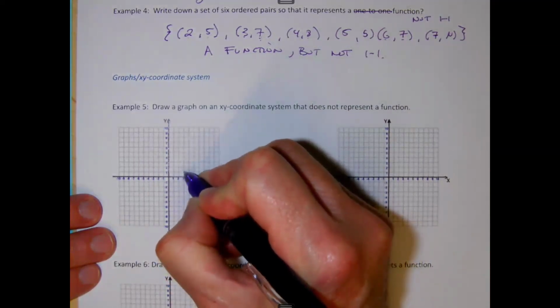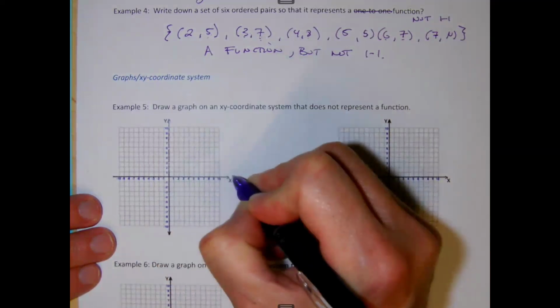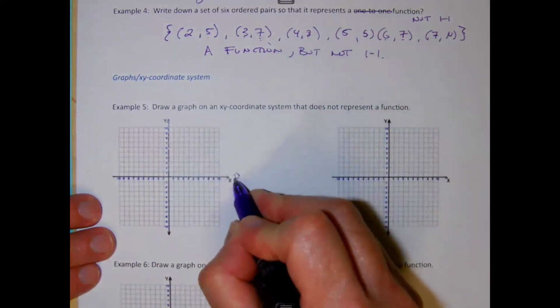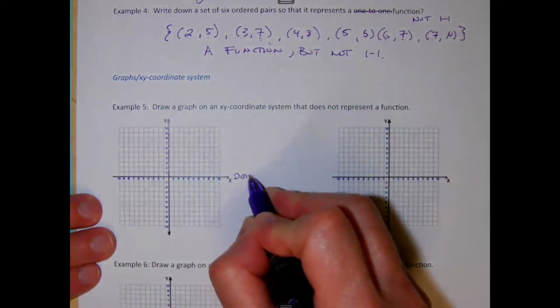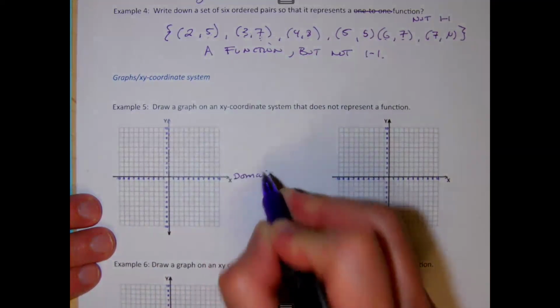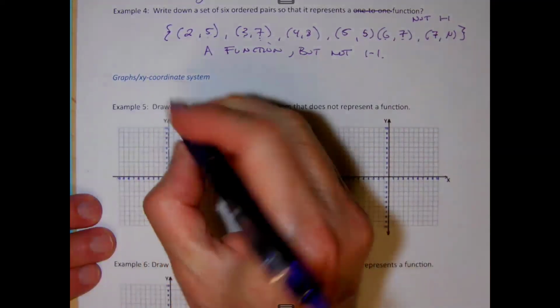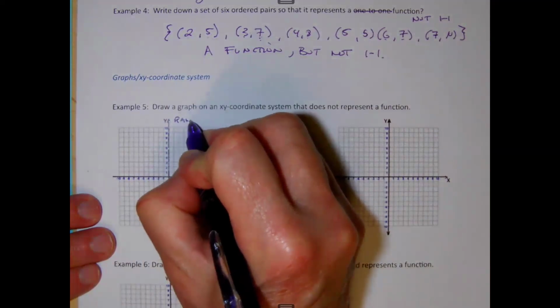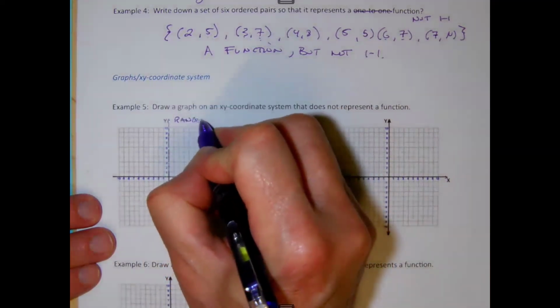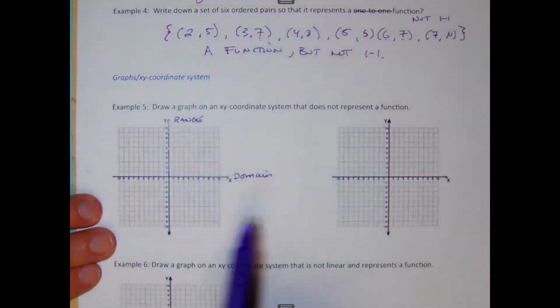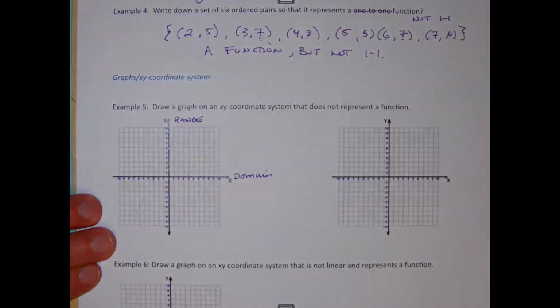So let's say I'm going to focus on 3. By the way, when we look at an XY coordinate system, the horizontal is always the domain, and the vertical is always the range. That is always the case in any graph you look at.